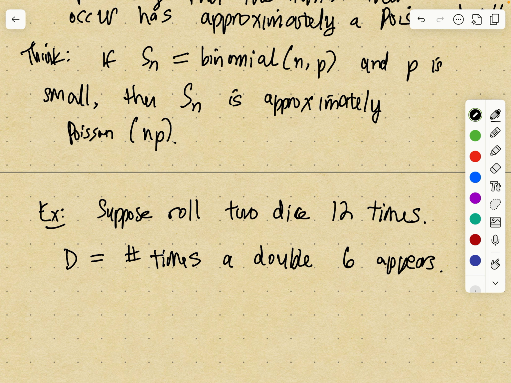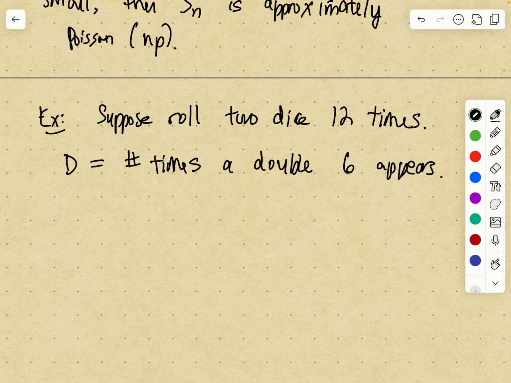Well, this has a binomial distribution, right? Because you're doing these independent events n equals 12 times, where n is 12, and what's p? The probability that you get 2 sixes, well, that's 1 over 36, right?